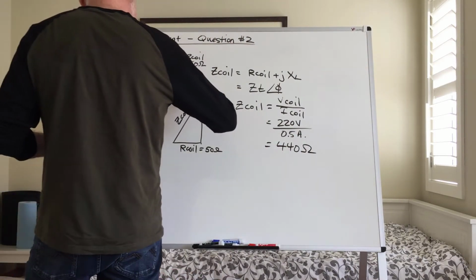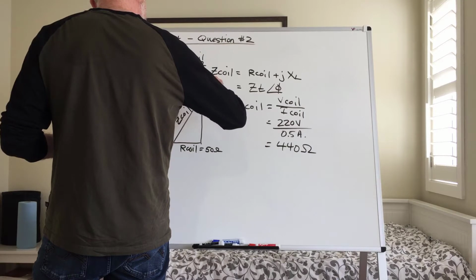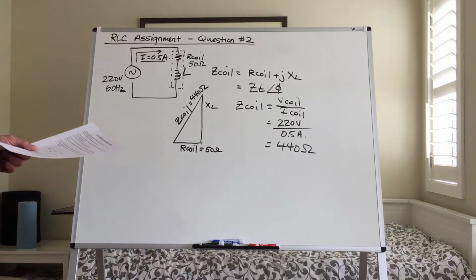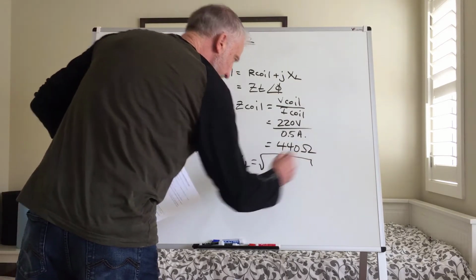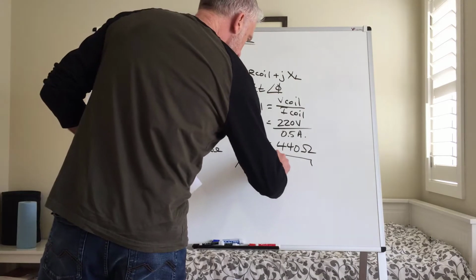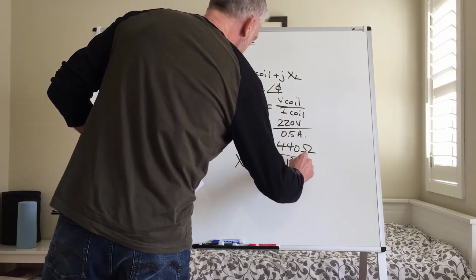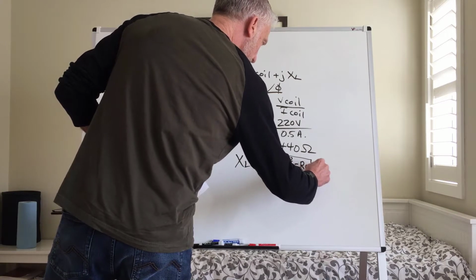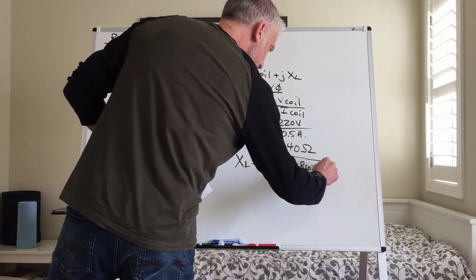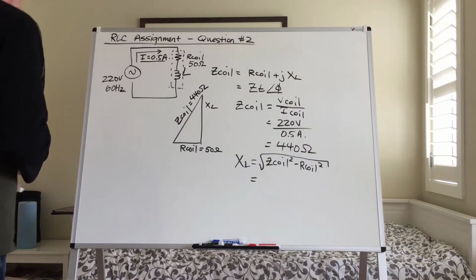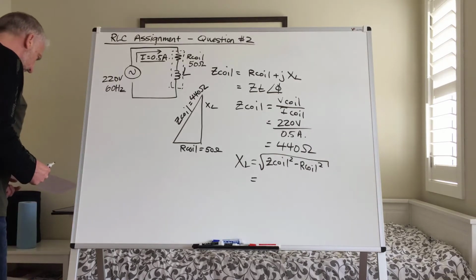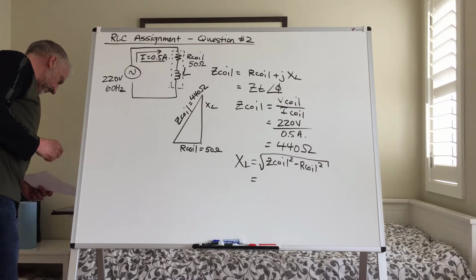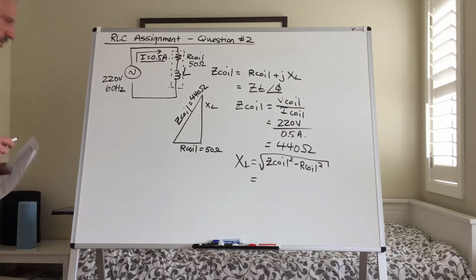So now if we just add that to our diagram, 440 ohms, we can come up with an XL value. XL is going to equal the square root of Z coil squared minus R coil squared. If we run that through our calculator, I've got a value of 437.15 ohms.